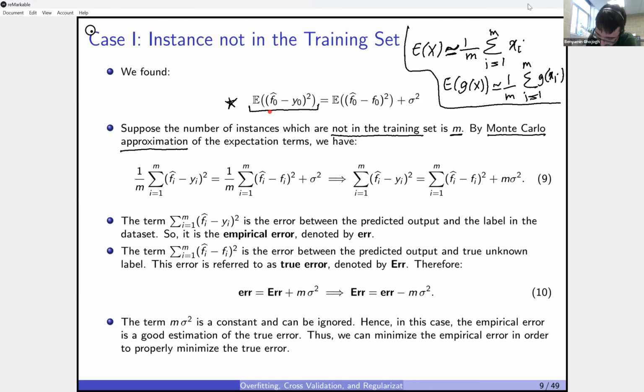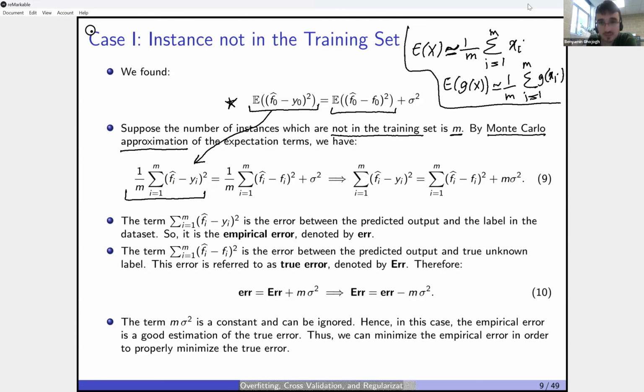So I can approximate this first term by 1 over m, sum over i from 1 to m, of f hat i and yi. Now we have m of them, so I denote them by fi hat, i goes from 1 to m, and yi.